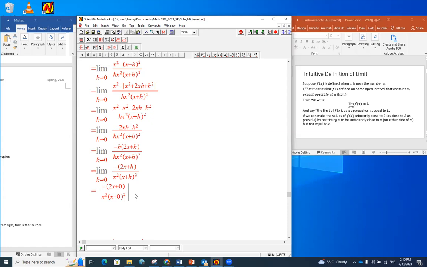And in the end, we have negative 2x over x raised to the power 4, because (x plus 0) squared is x to the power 2. So in the end, we get negative 2 over x raised to the power 3. Okay, so that's the second question on how to find limits.